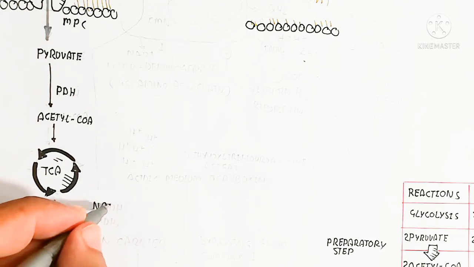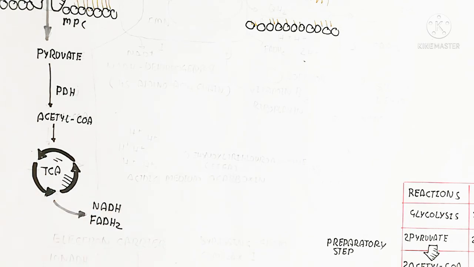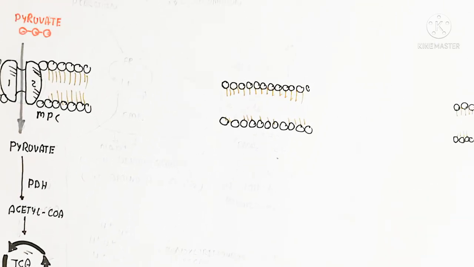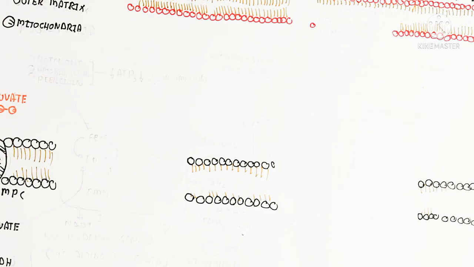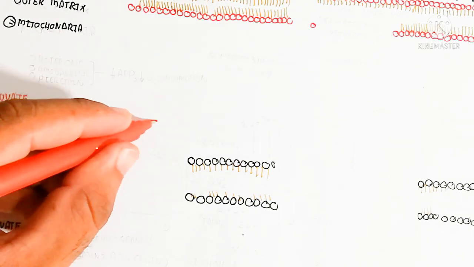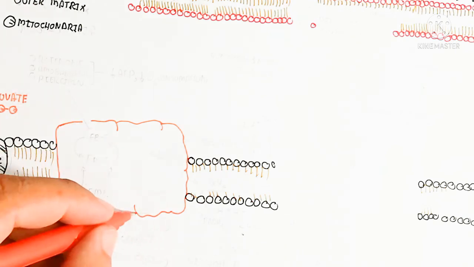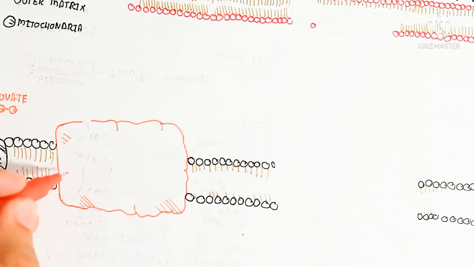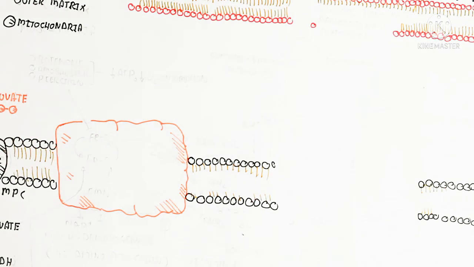NADH and FADH2 are the electron carriers. Remember that. These electron carriers give the electrons to the complexes in the inner mitochondrial membrane. These complexes are made up of proteins. First of all, here is the NADH dehydrogenase complex 1. This complex 1 also contains a 45 amino acid chain.